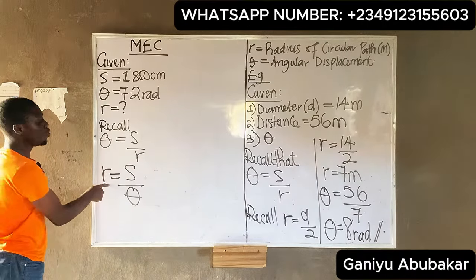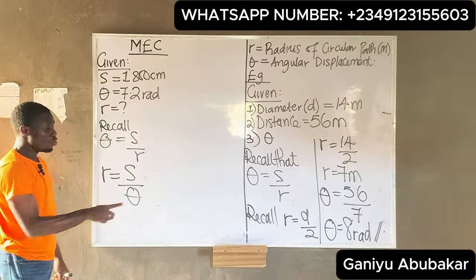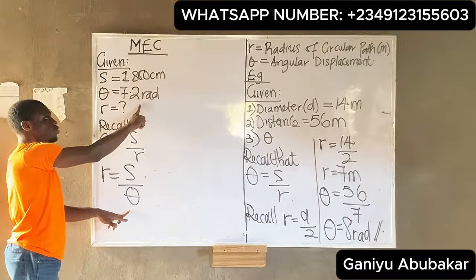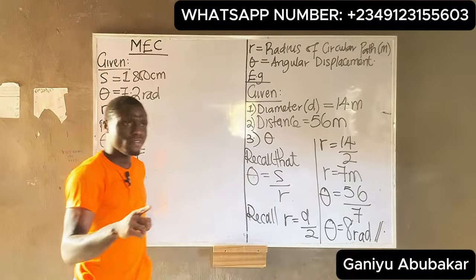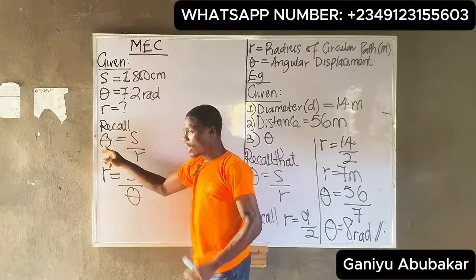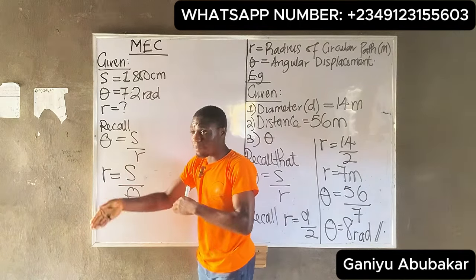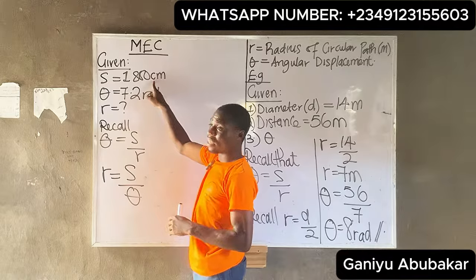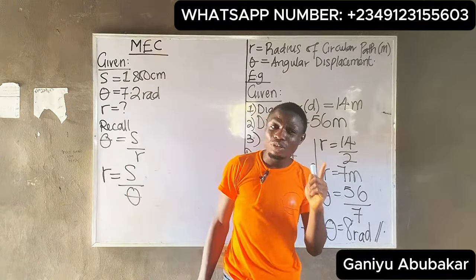To get R, we need two things. What's S? Just given. What's theta? Very good. Now listen. When I gave you the definition for angular displacement, I said S is distance in meters. Convert to meters.